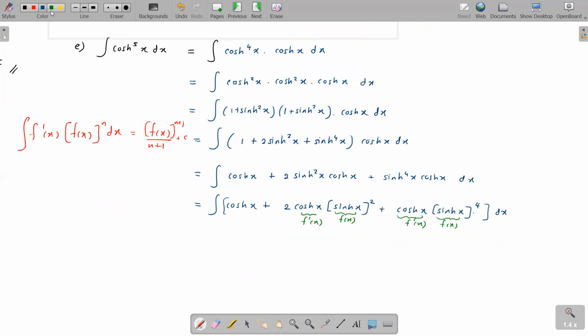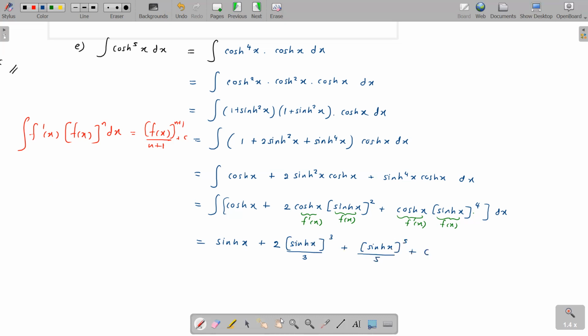Cos x integration is directly sine x. Is this 2 part of our f dash x? No, the f dash x is only the cos x, so the 2 will remain. So 2 times sine x to the power 3 over 3, plus, here cos x is part of our f dash x, so adding 1 to the power of fx, I get sine x to the power 5 over 5.